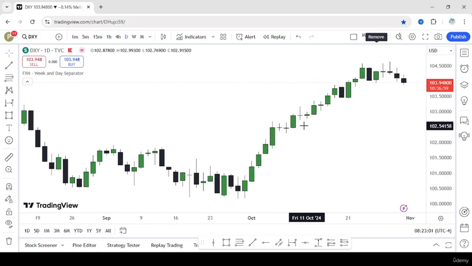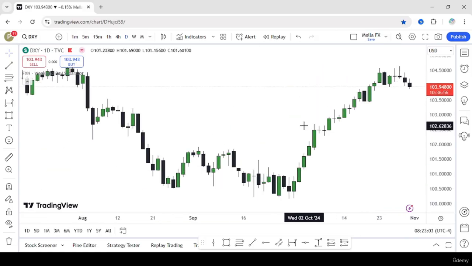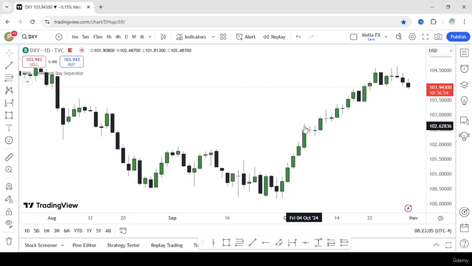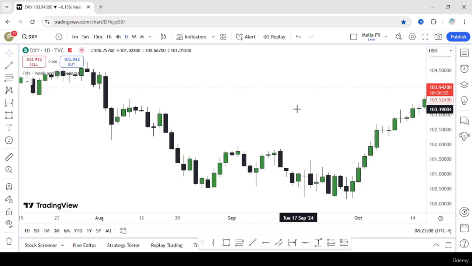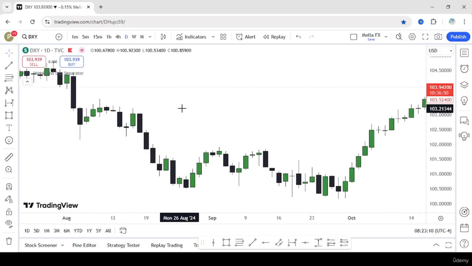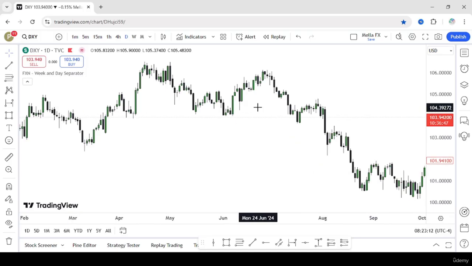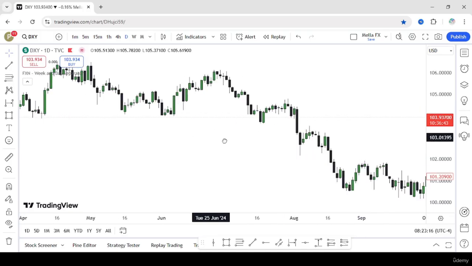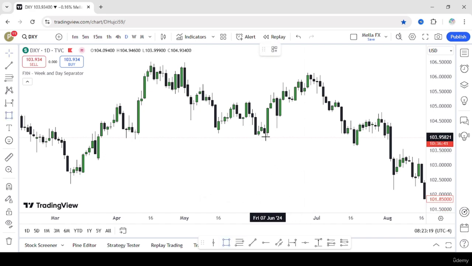Let us look at another example. We have this down close candle, then we moved further away, then we formed a fair value gap.